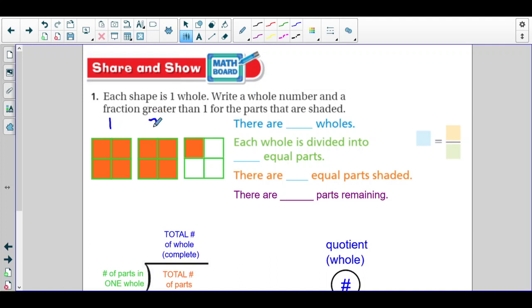I have 1 and I have 2. And that goes right here. Each whole is divided into 1, 2, 3, 4 equal parts.